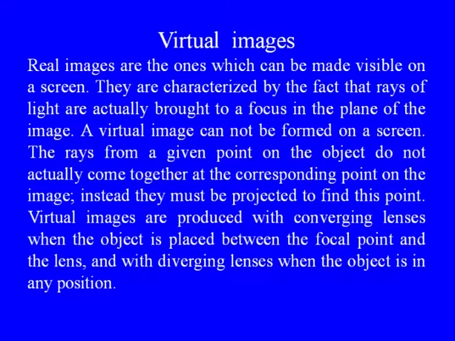Instead, they must be projected to find this point. These images cannot be taken on a screen. Virtual images are produced with converging lenses when the object is placed between the focal point and the lens. And with diverging lenses, this is the situation when the object is in any position. Diverging lenses always lead to virtual images.